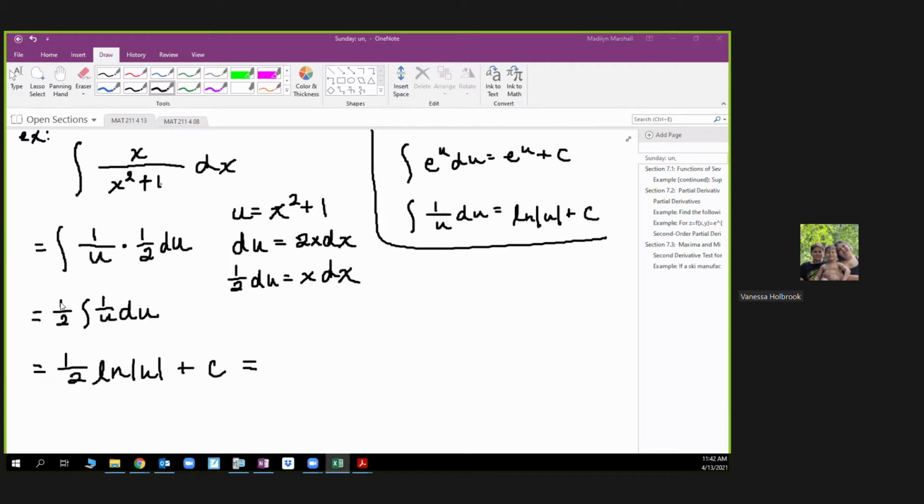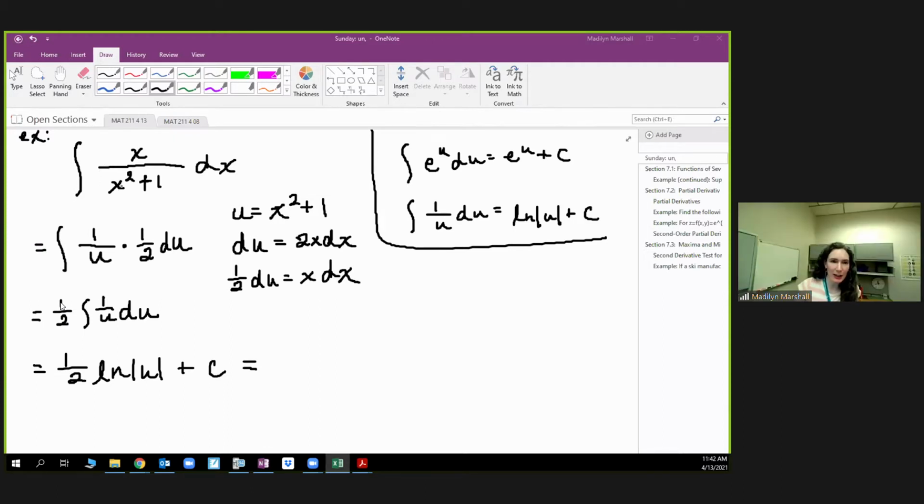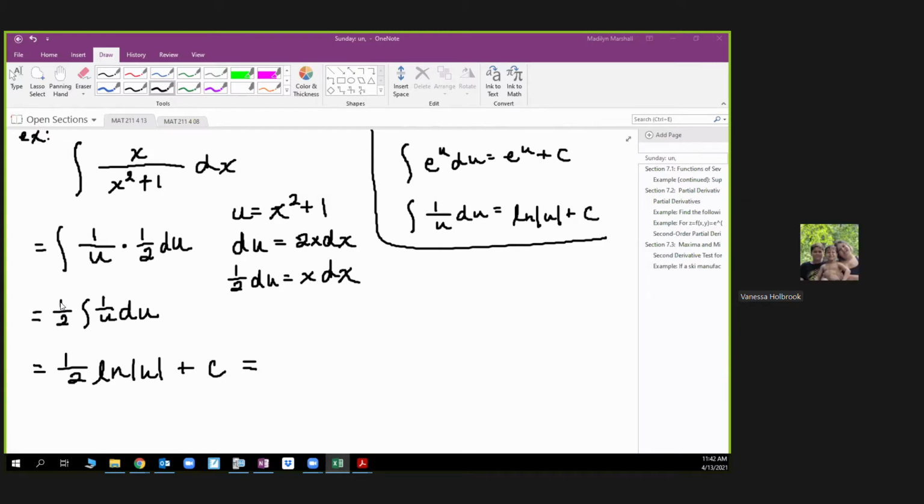Our original problem was x over x squared plus 1 dx. But our answer right now is in terms of u. Oh, okay, so 1/2 natural log absolute value of x squared plus 1 plus c. Yes, exactly. That'll take me a minute.